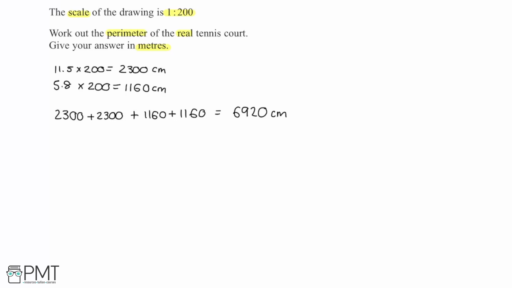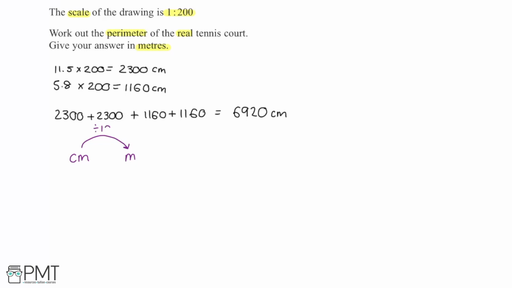So I now have the perimeter of the actual, real tennis court. However, I've not quite finished, as the question asked me to give my answer in metres. So I'm going to need to convert this centimetres into metres. Now if I'm going from centimetres into metres, we need to divide our value by 100.